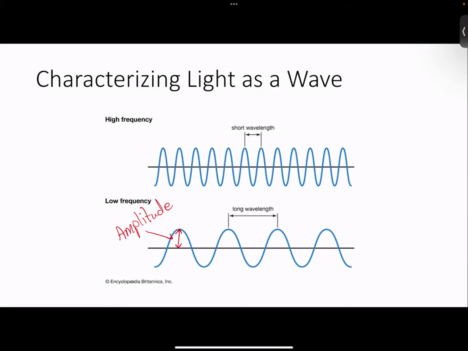The second characteristic is the distance between two adjacent peaks, or the distance between two adjacent troughs. Basically, it's the distance between the same point on two adjacent waves. This is the wavelength. The wavelength is represented by the Greek letter lambda.